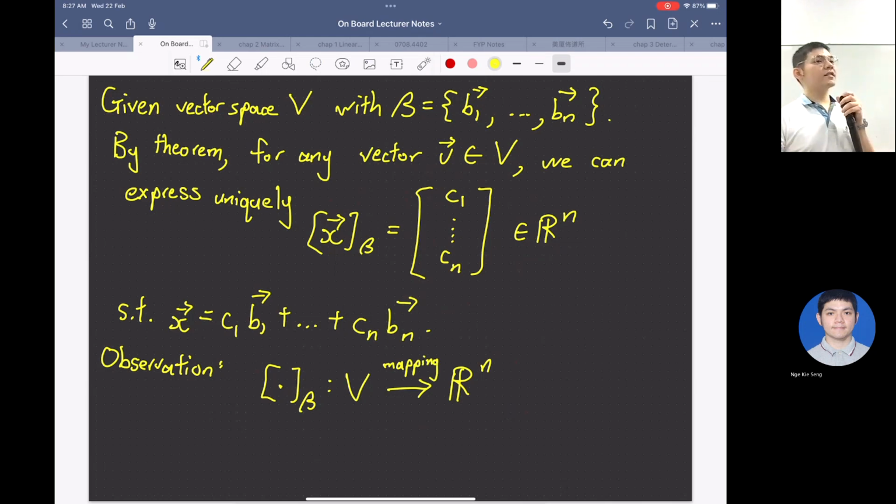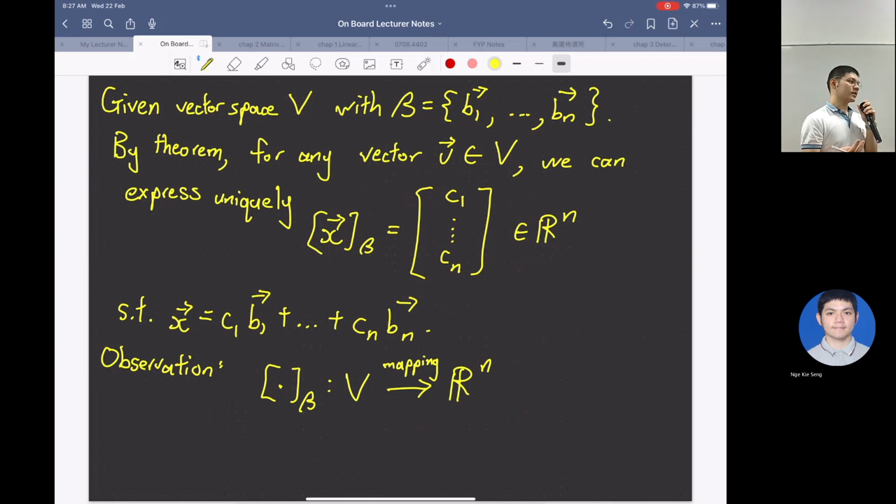On the right hand side is a vector space, and on the left hand side is also a vector space. Between vector spaces, we can define a linear transformation. So we can check whether this is a linear transformation or not.